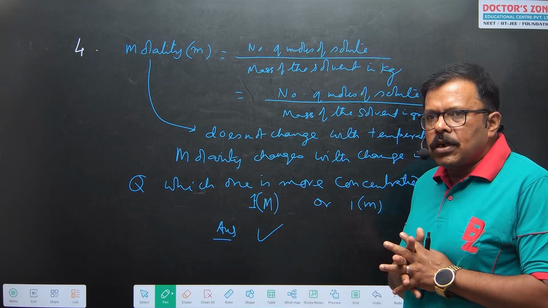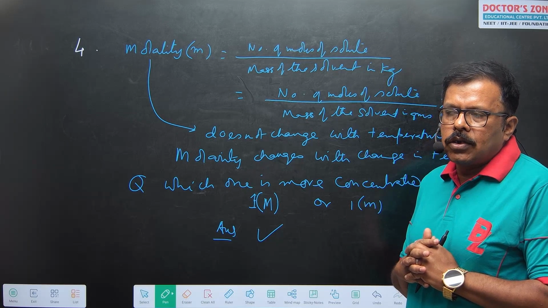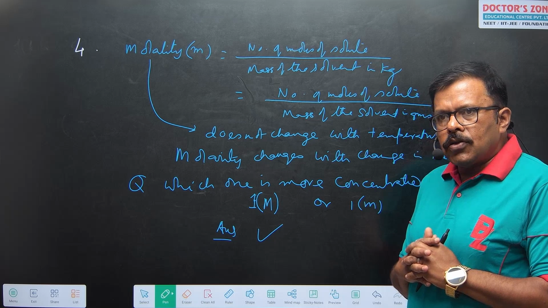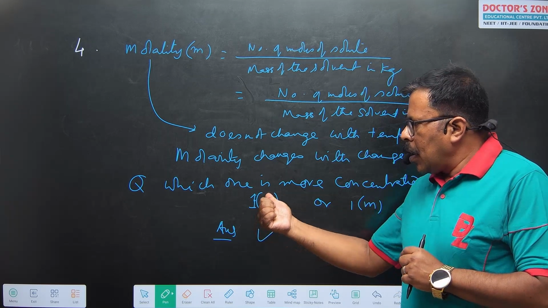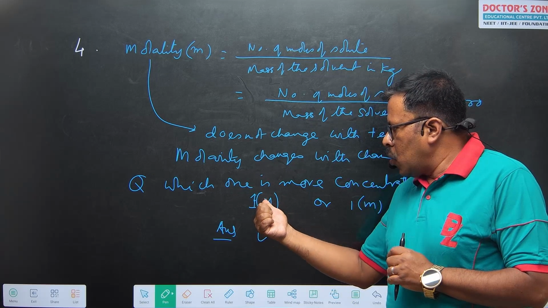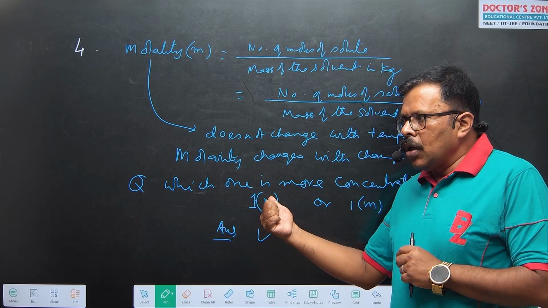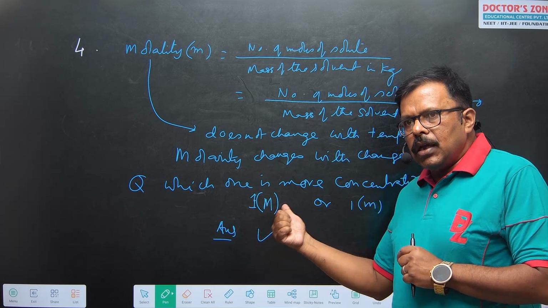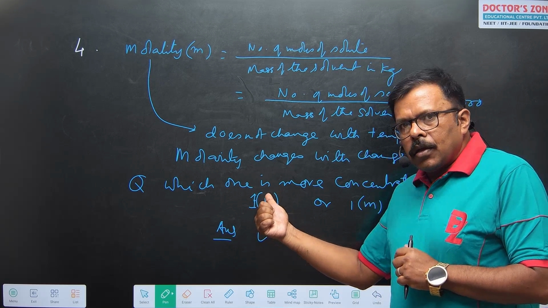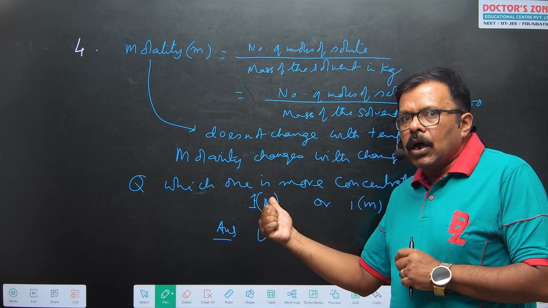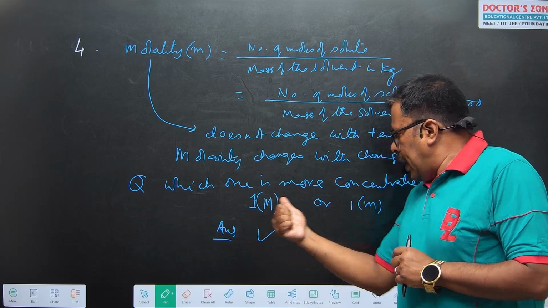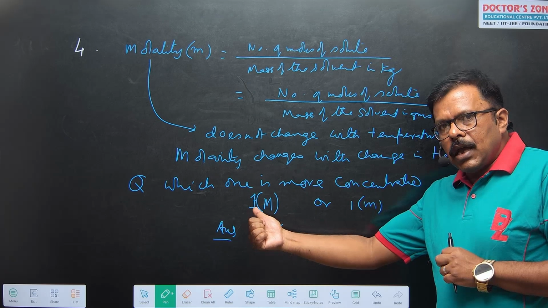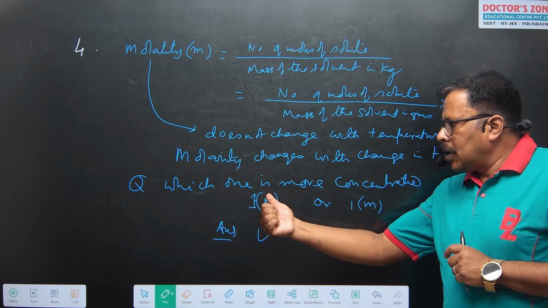Okay, now suppose you are considering an aqueous solution. Since water has a density of 1 gram per cc, what will happen is that in 1 liter of solution there is solute as well as solvent. So in this case, the amount of water in 1 liter of solution will be less than 1000 grams, whereas in this case the amount of water will be exactly 1000 grams.